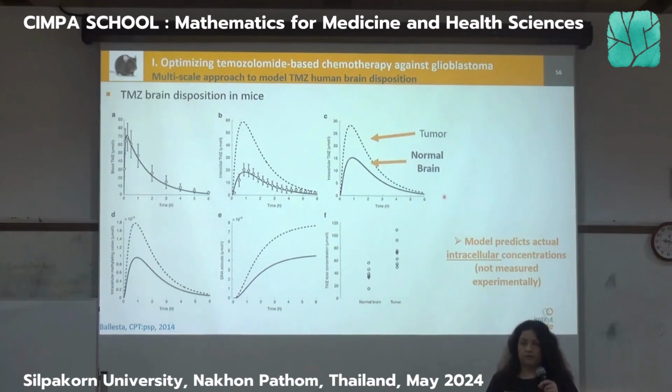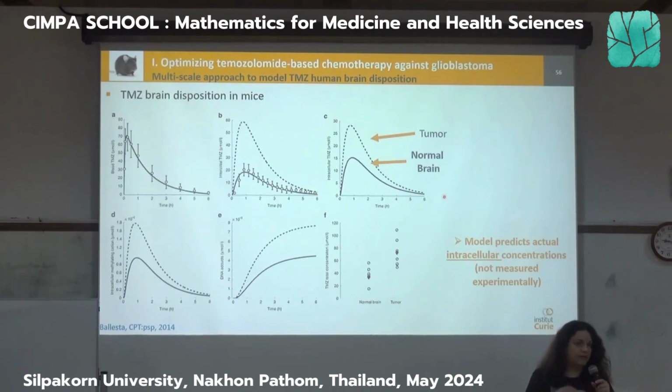Why? Because the concentration that actually matters to predict the efficacy is the concentration in the intracellular compartment, because it is really the concentration that will have some efficacy. If the drug does not accumulate in the cells, if the drug stays in the interstitial fluid, it will never be active. Okay?